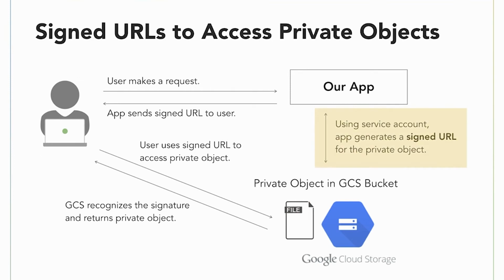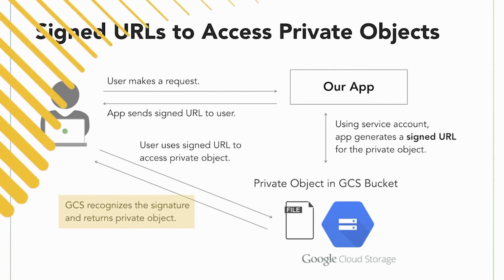The app uses the service account and generates a signed URL for that private object and returns that to the user. The user then uses that signed URL to access the private object. GCS recognizes the signature and returns the private file to the user directly from GCS.